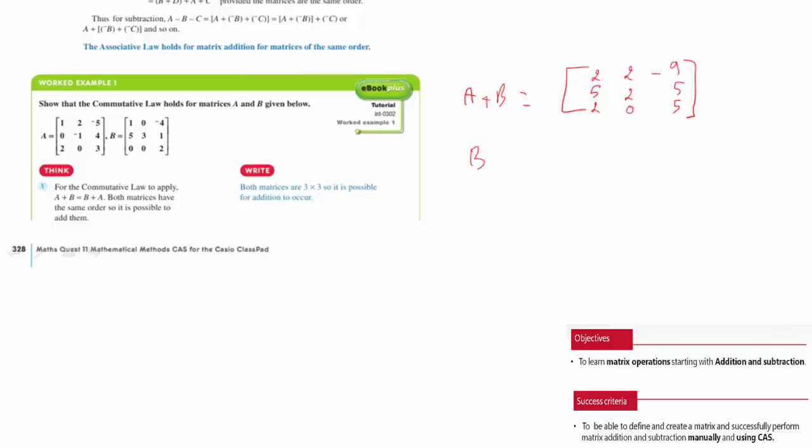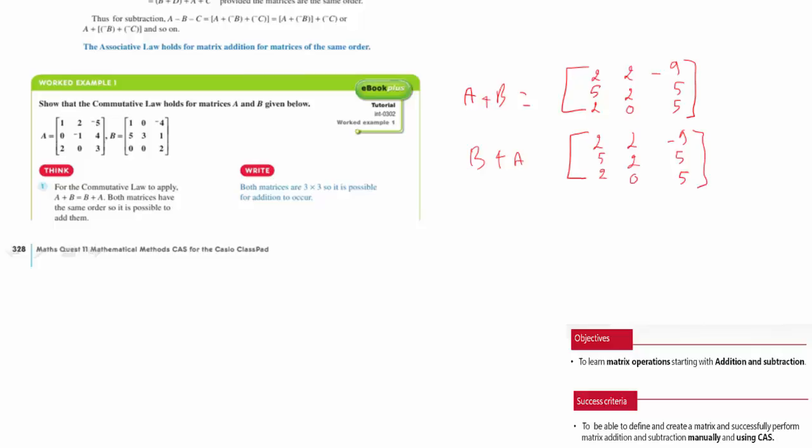Now, if we do B plus A equals 1 plus 1 is 2, 0 plus 2 is 2, minus 4 plus minus 5 is minus 9, 5 plus 0 is 5, 3 minus 1 is 2, 1 plus 4 is 5, 0 plus 2 is 2, 0 plus 0 is 0, and 2 plus 3 is 5.